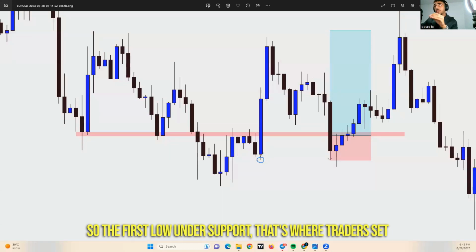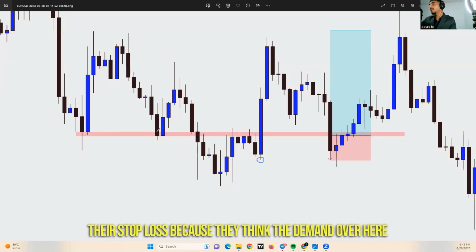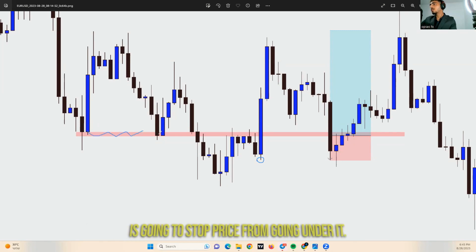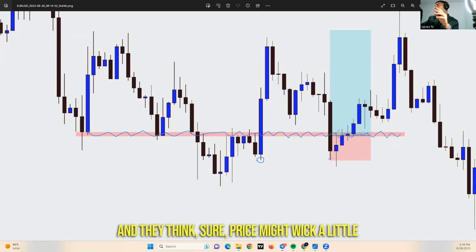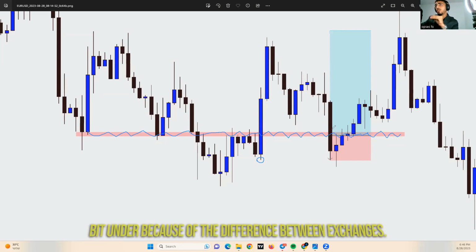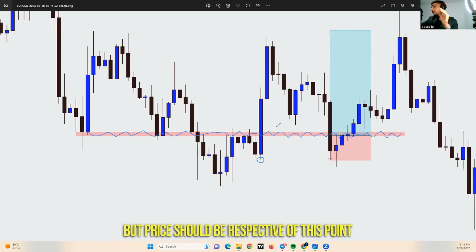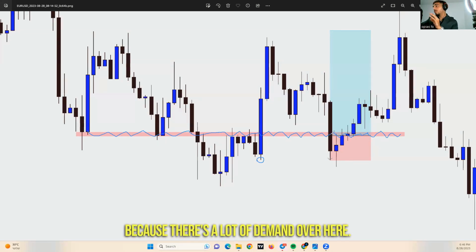That's where traders set their stop loss, because they think the demand over here is going to stop price from going under it. It's going to protect price over here. And they think, sure, price might wick a little bit under because of the difference between exchanges, but price should be respective of this point because there's a lot of demand over here.